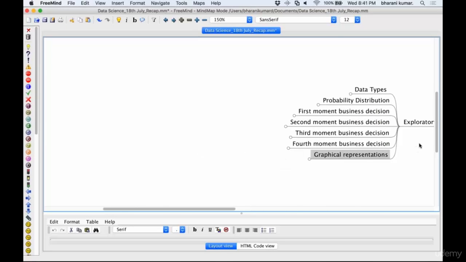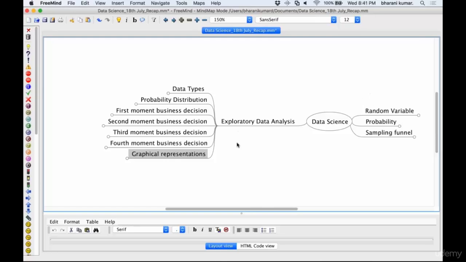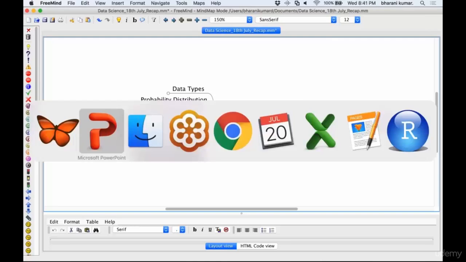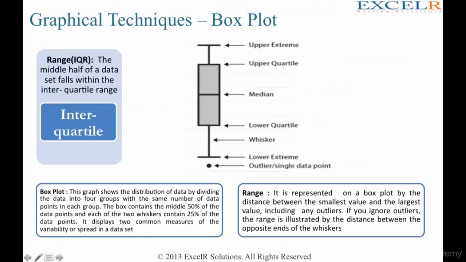All right. Now we will take this discussion further and try to understand another very important graphical representation, which is called box plot. And here is a box plot. Let us try to understand this.